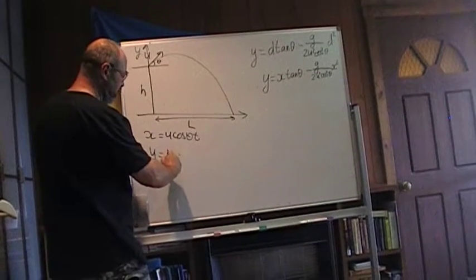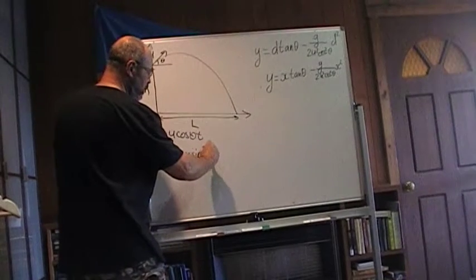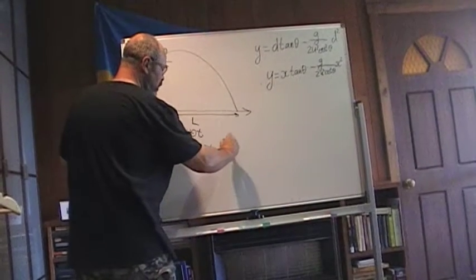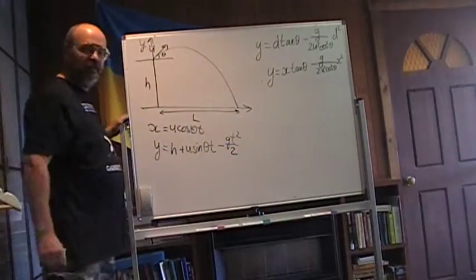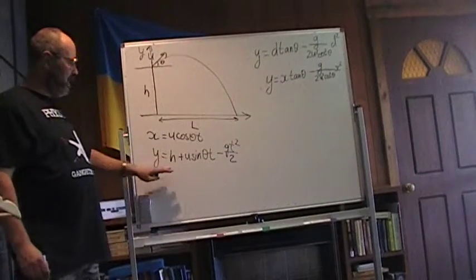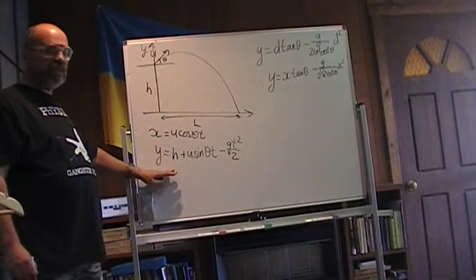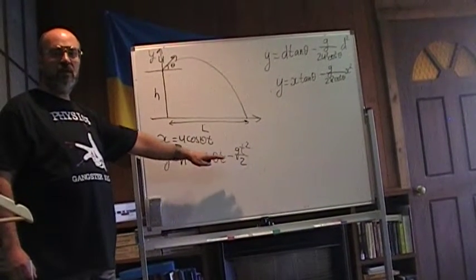So we have y equals h plus u sine theta t minus gt squared on 2. When the object hits the ground, its y coordinate becomes 0. So we will get a quadratic equation for time.